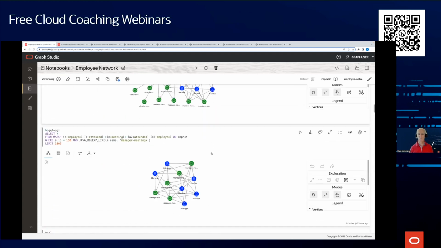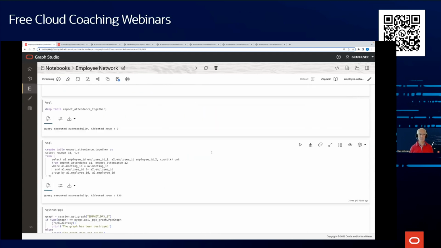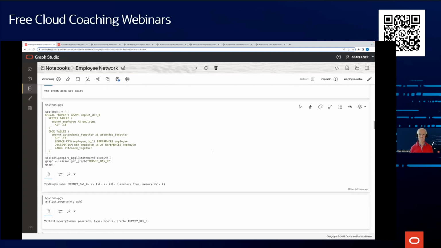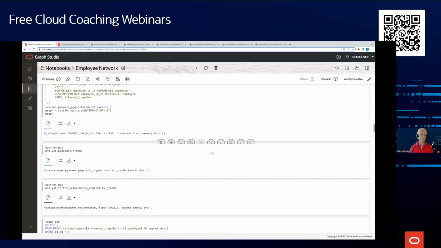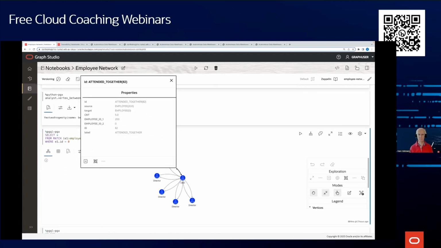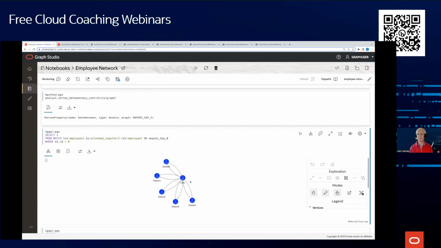And then we can convert that graph into a social network, like a homogeneous graph between employees and employees, like this. And maybe we can have the number of meetings they have attended together, right?